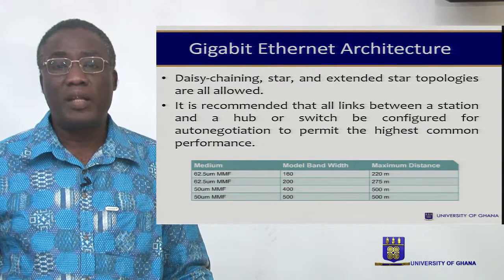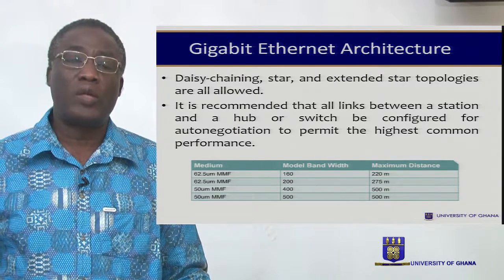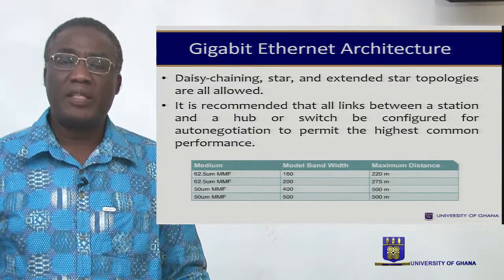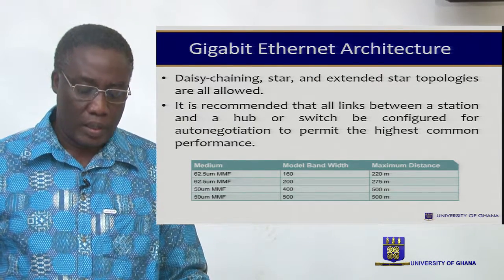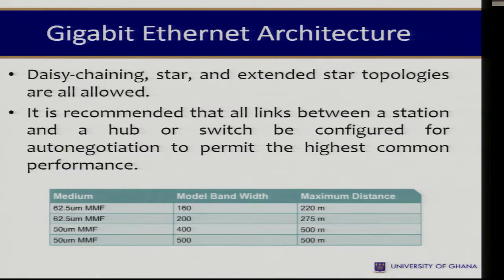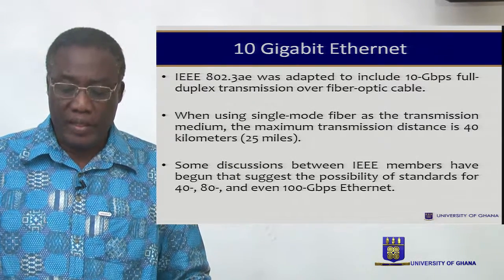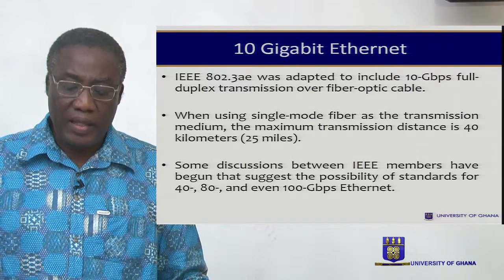It is recommended that all links between a station and a hub or a switch be configured for auto negotiation to permit the highest common performance. Here we give you a table that shows you, for various multimode fibers, the modal bandwidth and the maximum distance that is permissible.